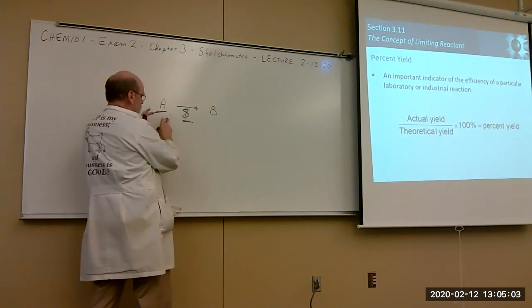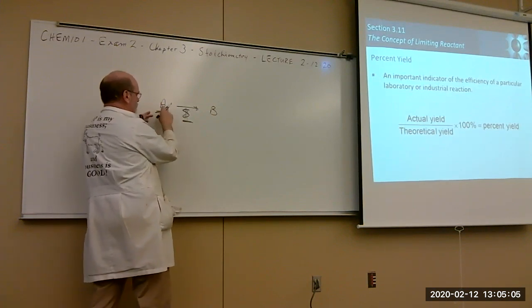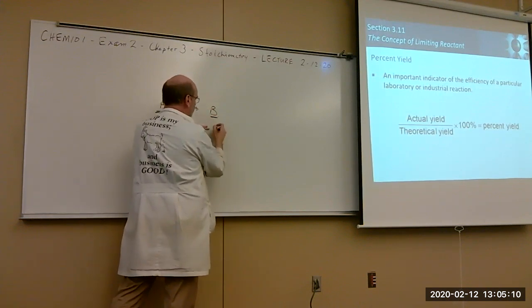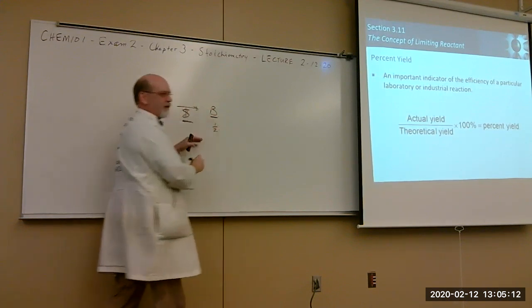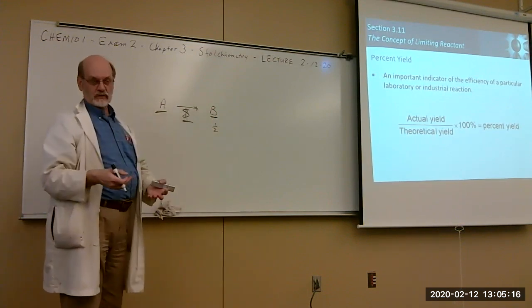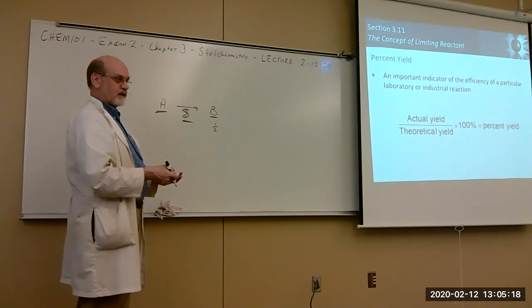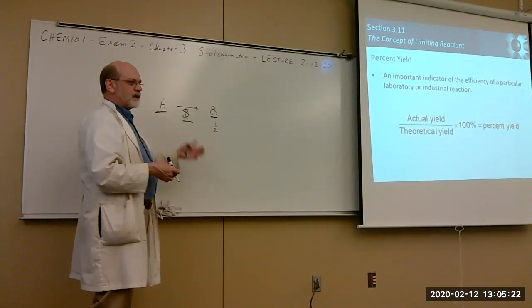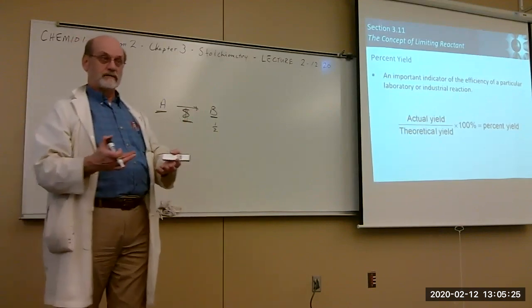So if you're expecting a certain amount over here, and you only get half of what you expect, then that's 50% yield. Right? The theoretical amount of B is the stoichiometric amount.